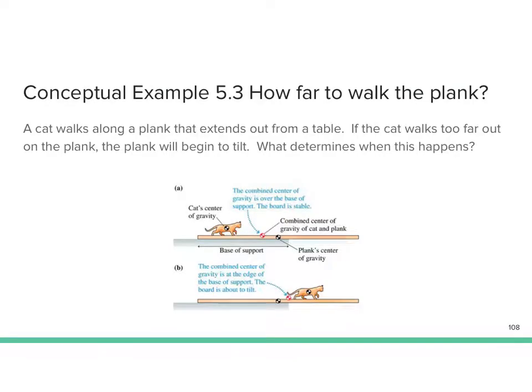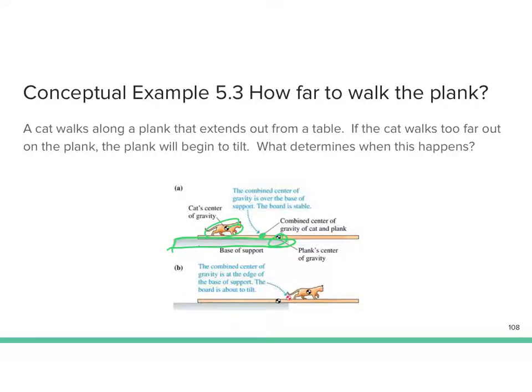So here's a quick little conceptual example. How far out can a cat walk on a plank? We'll take a look at this in class, but the cat has its own center of mass, the plank has its own center of mass or center of gravity, and together they make a center of gravity of the system. And right here, that center of gravity is over the base of support.